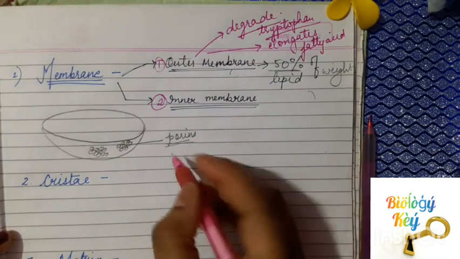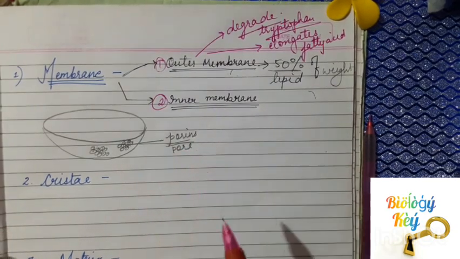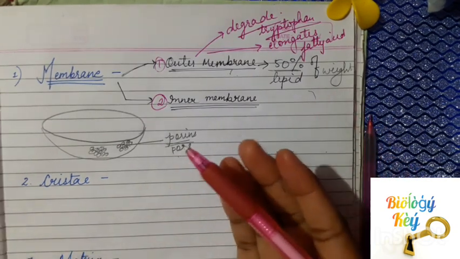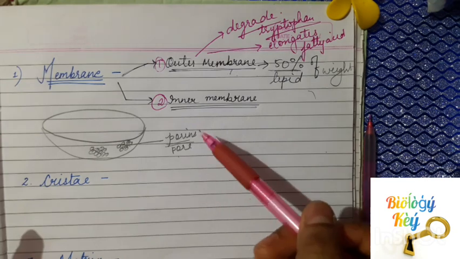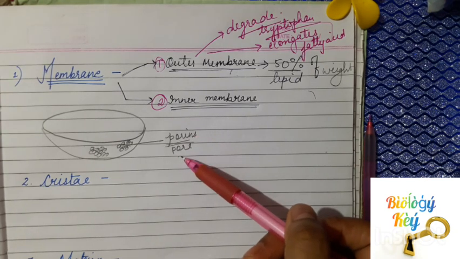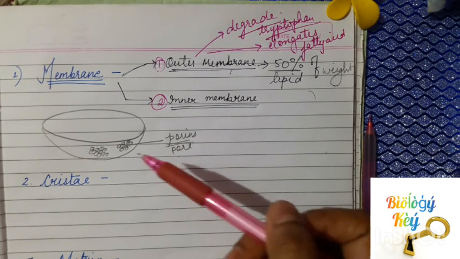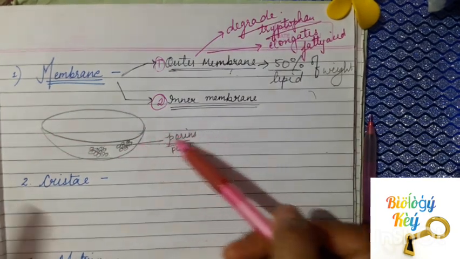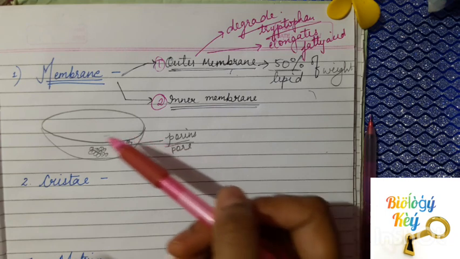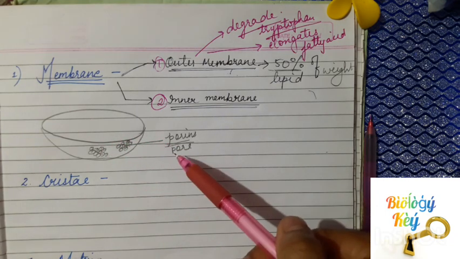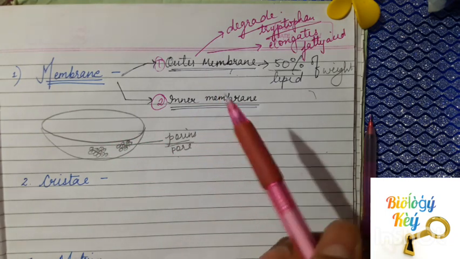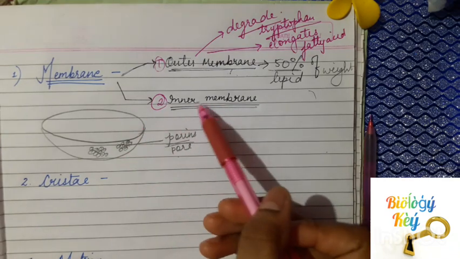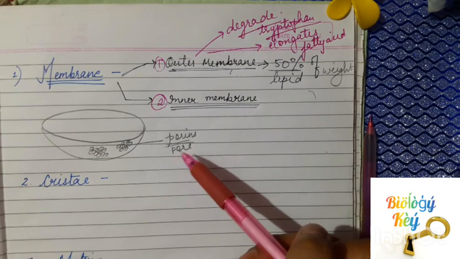This porin acts as a pore, and this pore helps in the permeability of the membrane, and it helps in the easy intake and uptake of molecules inside the outer membrane. But these molecules which enter the outer membrane cannot enter the inner membrane, because the inner membrane doesn't have such pores.